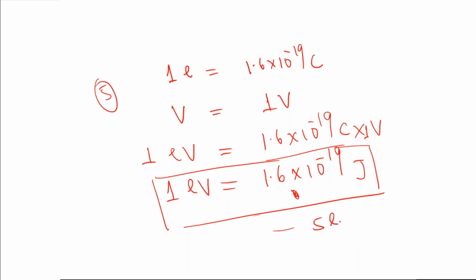This is the conversion factor you should remember, because during atomic or molecular spectra, and also in high energy physics like nuclear reactions and particle physics, we will be using this conversion formula.